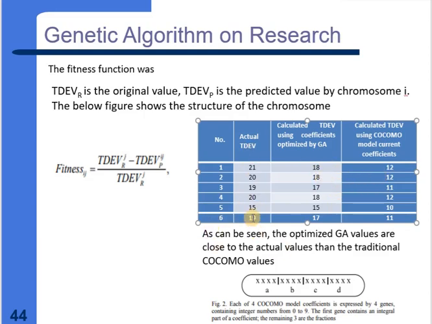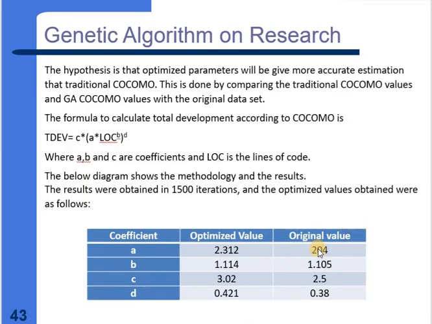And the fitness is also increasing. The original value of coefficient A is 2.04, and the optimized value that came with the help of the genetic algorithm was 2.312, and the same was done for B, C, and D.